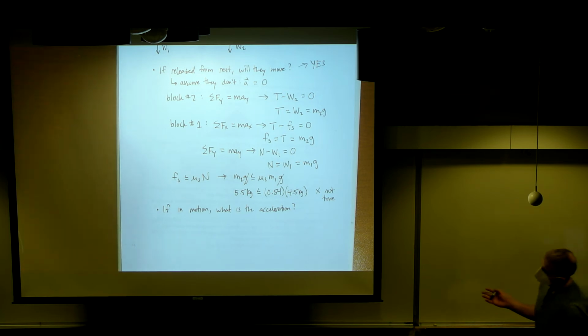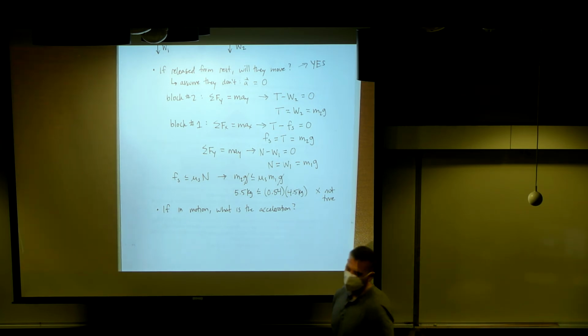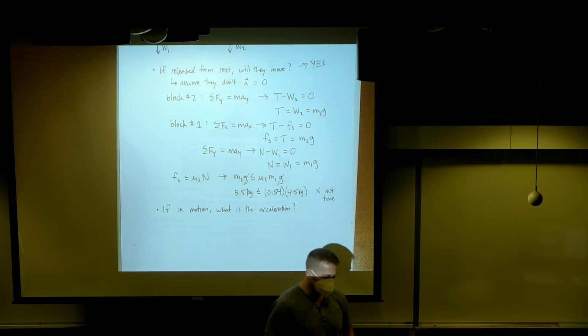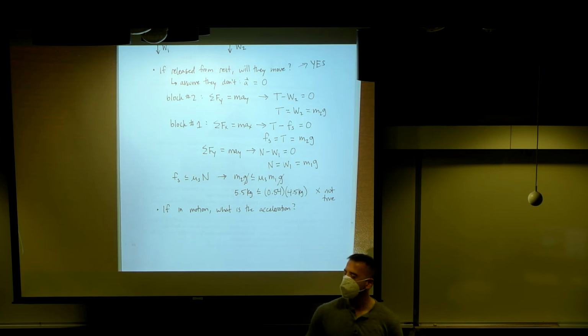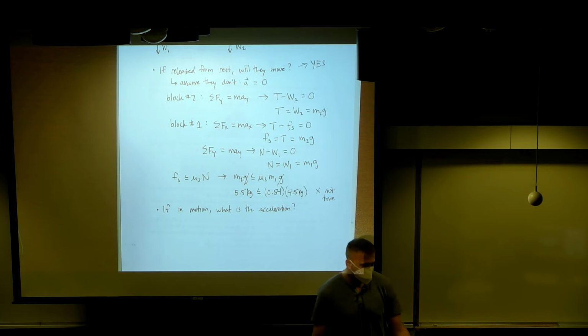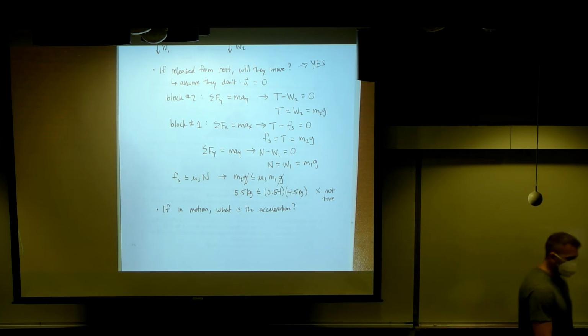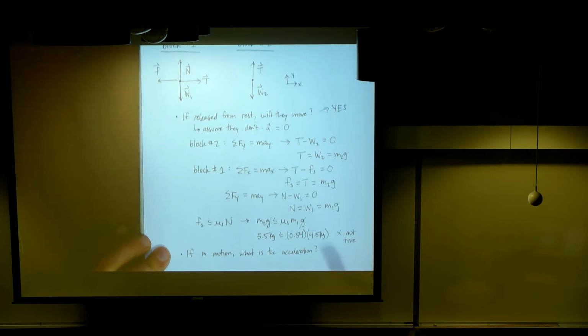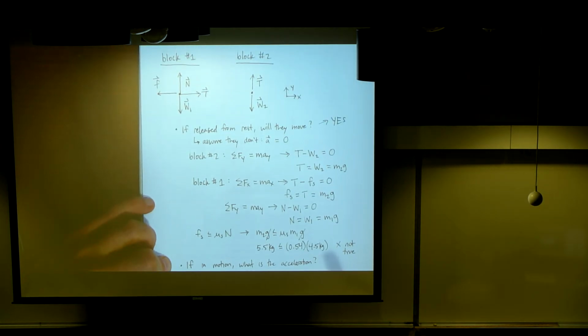All right, so the thing is, the two blocks are connected. And what that means is they can't just have completely separate accelerations, right? The way one of your blocks moves is totally related to the way the other one moves, right? So here, let's just think about that from our diagrams, okay?